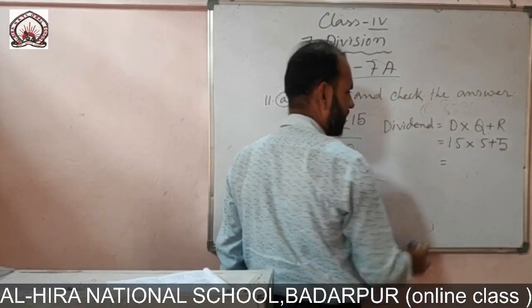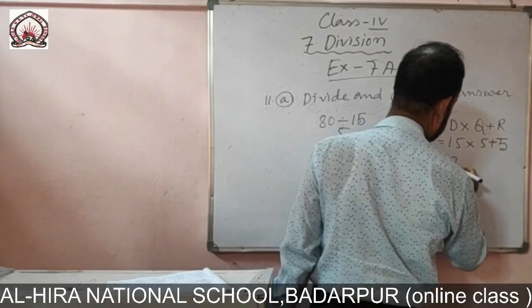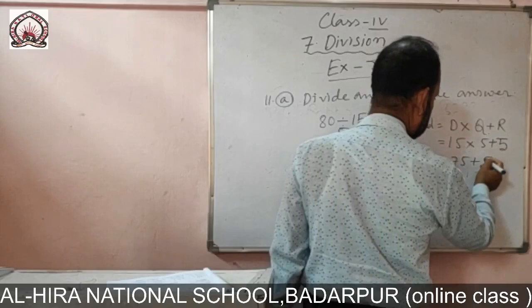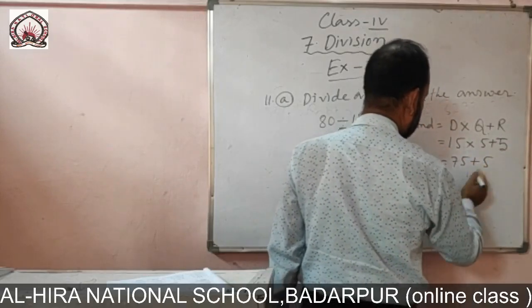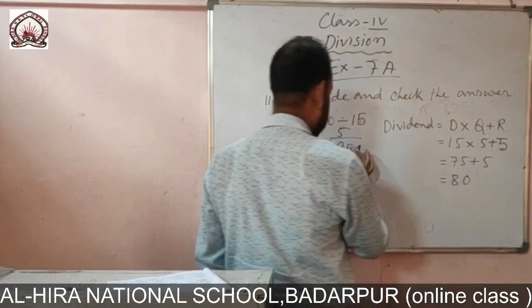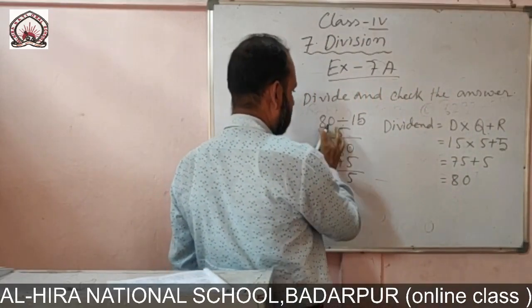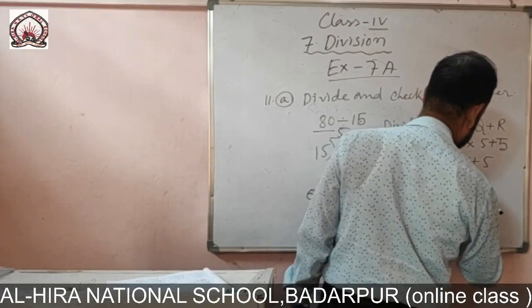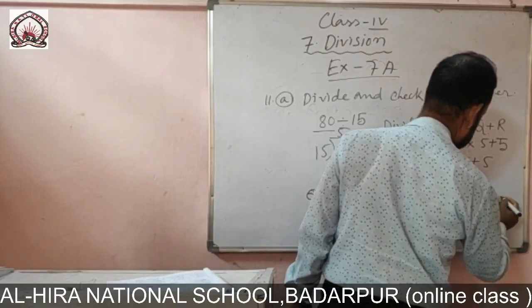Now 15 times 5 is 75 plus 5. Now 75 plus 5 is equal to 80. So here dividend equal to 80. So there also we get 80. Your answer is correct. It is checked.